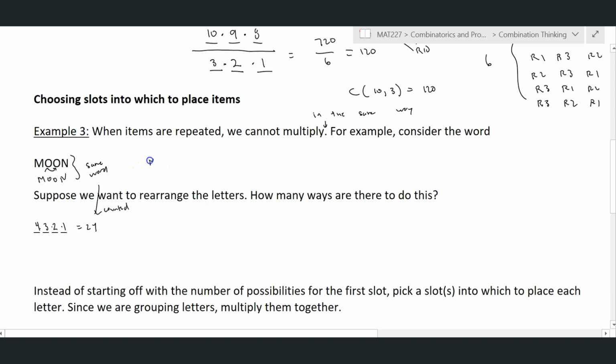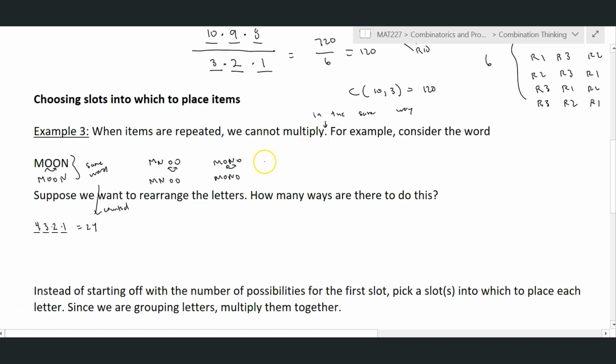Similarly, if we did M-N-O-O and then switched those 2 O's, that would still be M-N-O-O, right? So counting that 24 is actually not totally valid. We could also have M-O-N-O, which gets counted twice when you swap those.